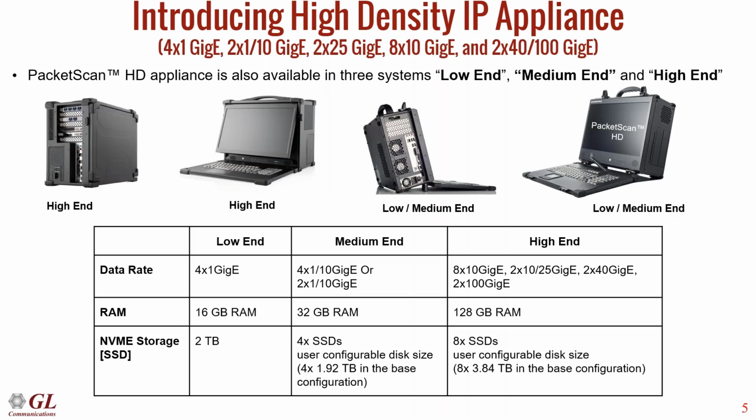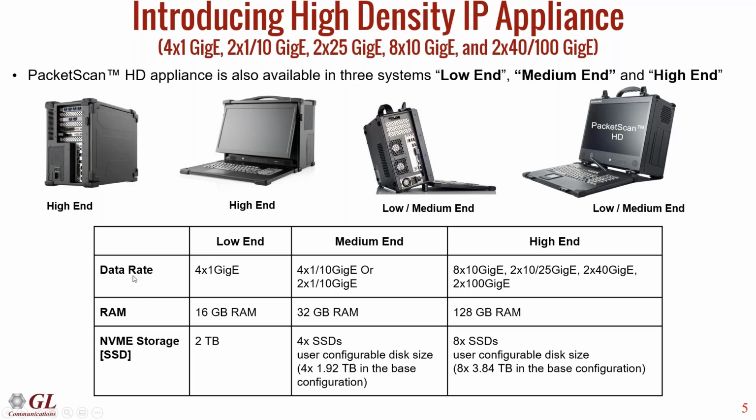Okay, so we have a lot of different configurations for tapping into high-speed Ethernet links. To make it simple, we basically group them into a low end, a medium end, and a high end. And what's the difference? Well, the difference is in terms of the data rate, as well as the RAM and the storage capability.